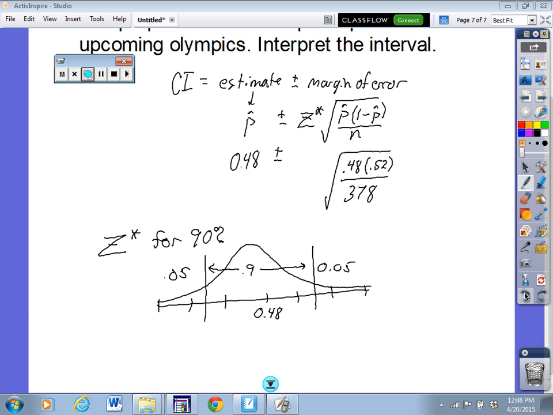I'll write it over here. So Z, if you find the closest thing that you can to 0.05, somewhere in here, closest thing you can, and I don't know what these digits are. This would be negative 1.6 here, and either 4 or 5 up here.